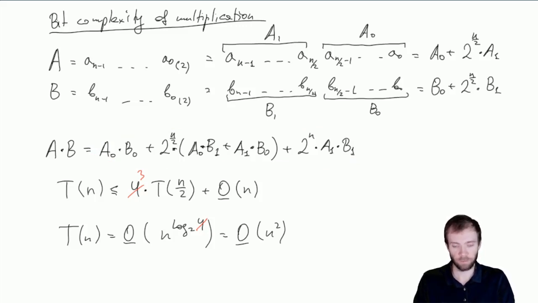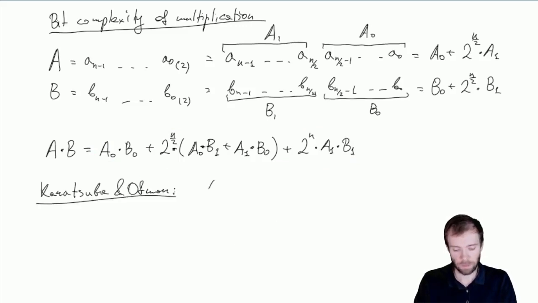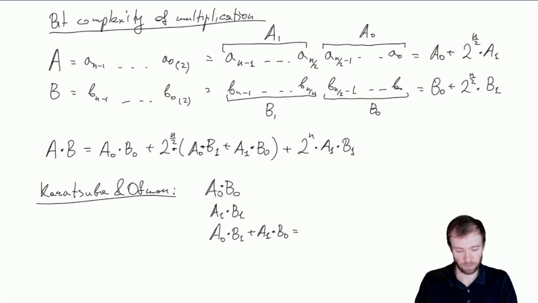Now, the idea of Karatsuba and Ofman was precisely this one. The idea was to compute A0 times B0, to compute A1 times B1, and then to compute this middle term as a whole by means of the following formula: (A0 plus A1) times (B0 plus B1), minus what we already have computed, A0 times B0, and minus A1 times B1.